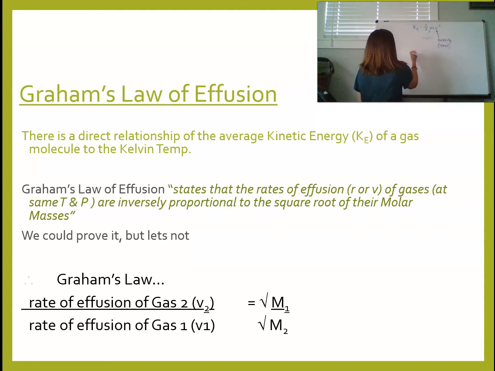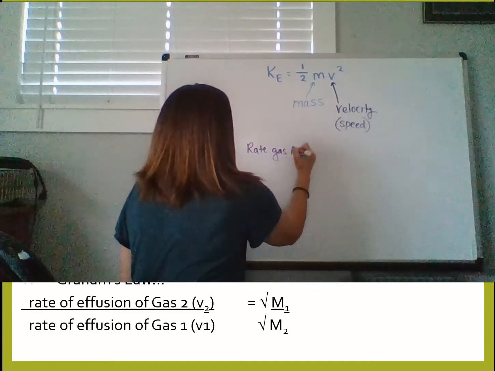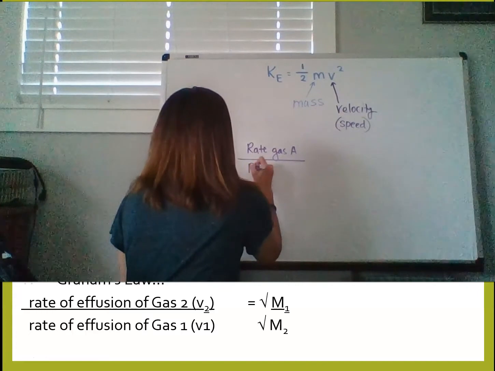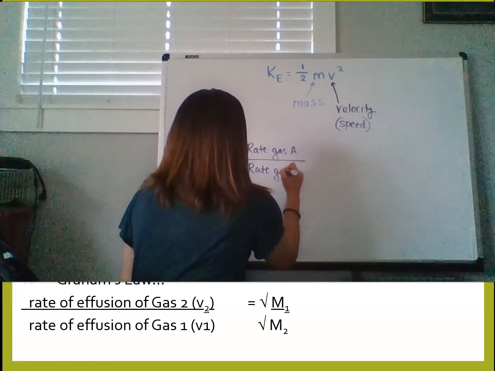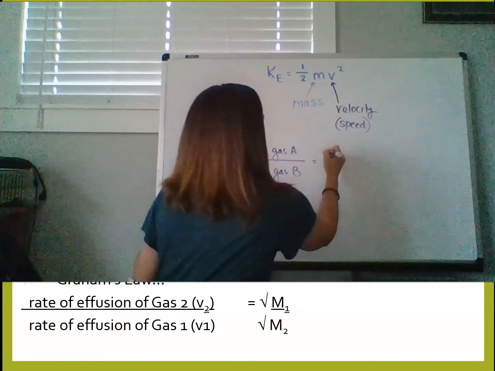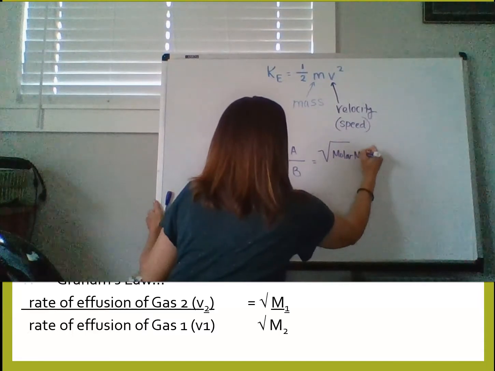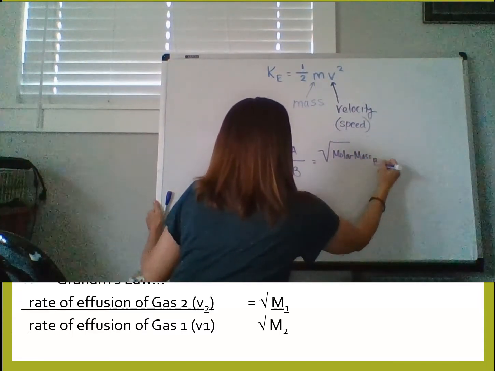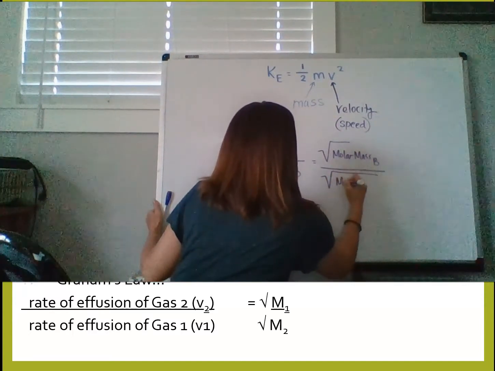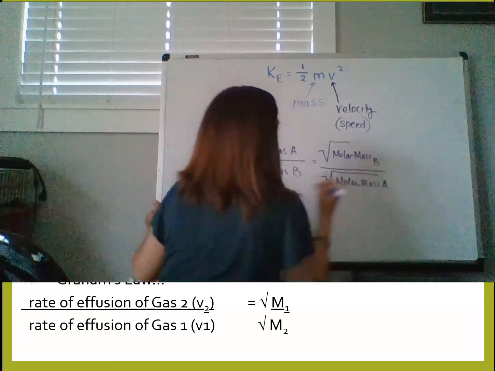We are going to say that the rate of gas A compared to the rate of gas B is equal to the square root of the molar mass of B over the square root of the molar mass of A.